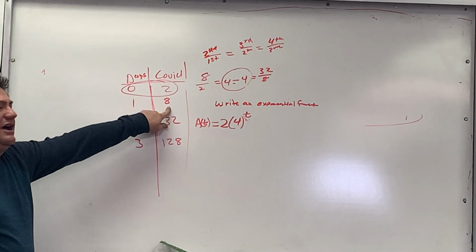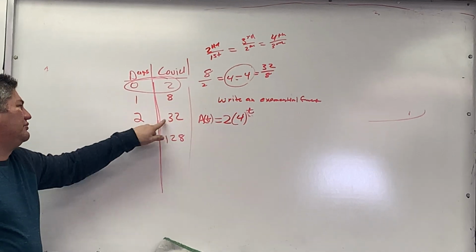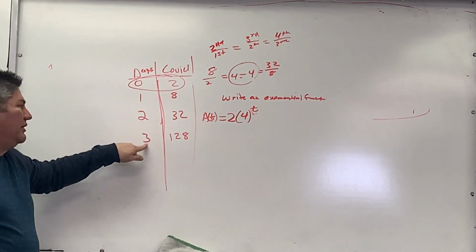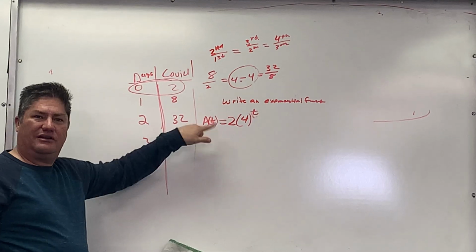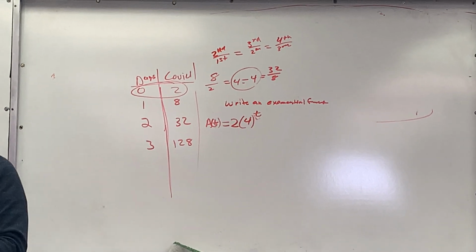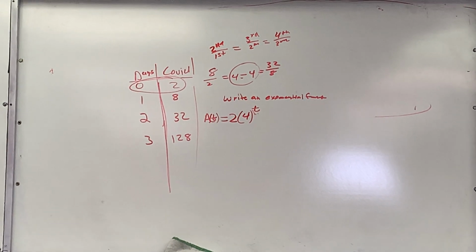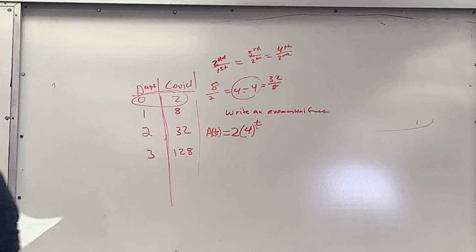So after 1 day, how many were there? If this would have been a of 1, it would have been 8. A of 2 would have been 32. A of 3 would have been 128, right? It'll keep going. Okay, so let's say this is the outbreak. Now, let's say that we are going to declare a pandemic.